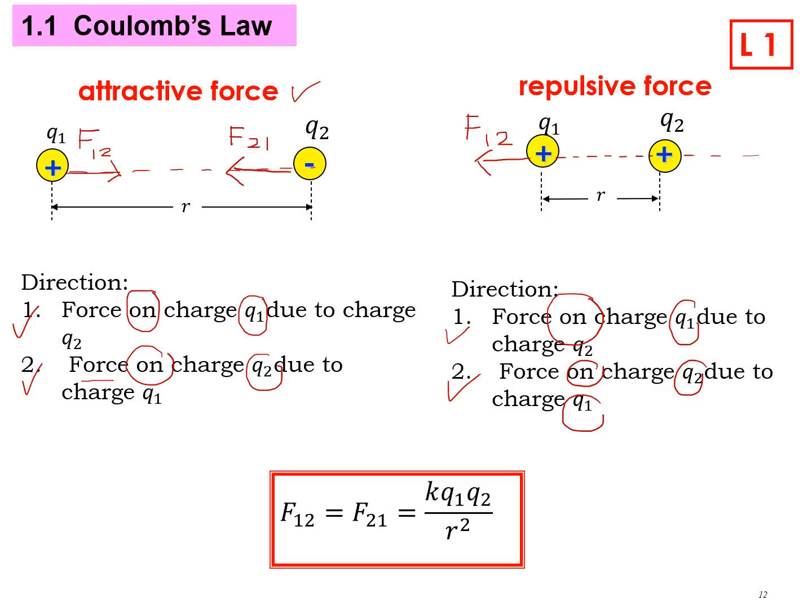So the direction of force starts from Q2, but since it's the same charge, it will repel, meaning it will go away from the other charge. Away means this is the direction.